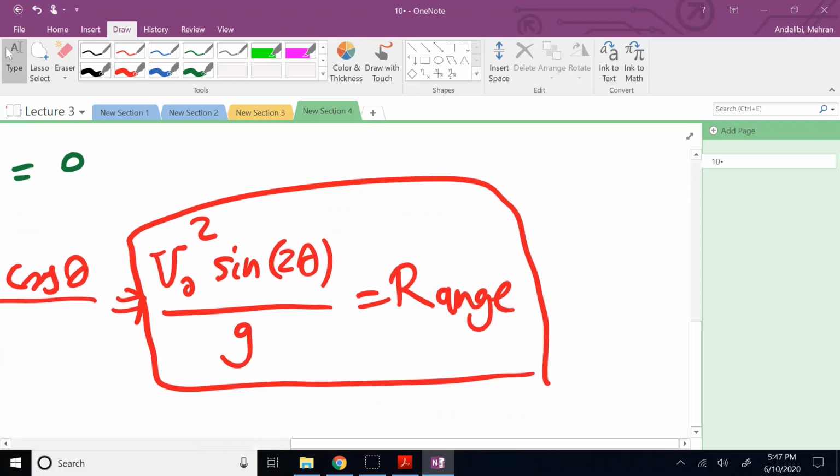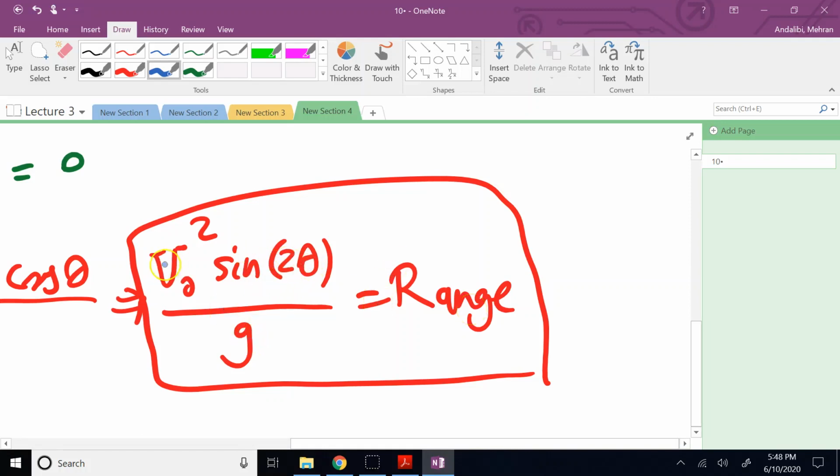Now, it shows you something. Since v naught is constant, let's say you want to shoot something, and your power is the same, so you have no control over power because you are using the same ammunition. All you can change is the launch angle, theta. And you want to know at what angle you're going to get the max range.